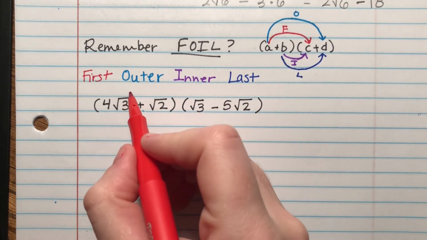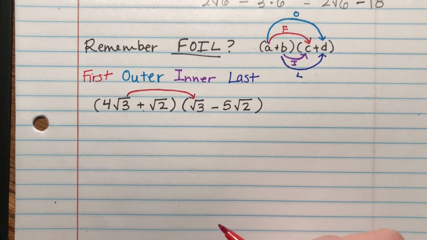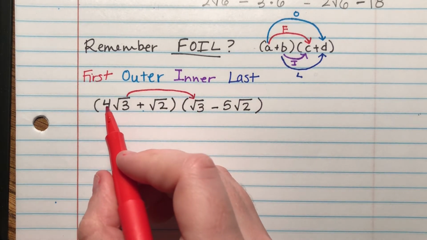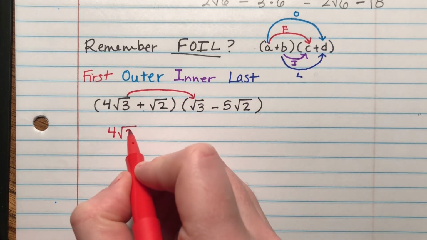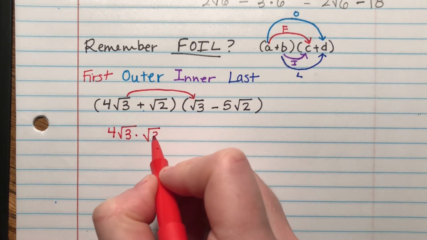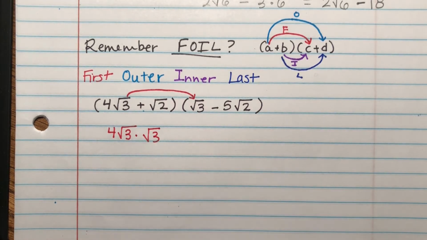So I have my first terms. It's going to give me 4 times the square root of 3 times square root of 3. So I'll just write that out. Alright, now I'm going to have my outer terms.